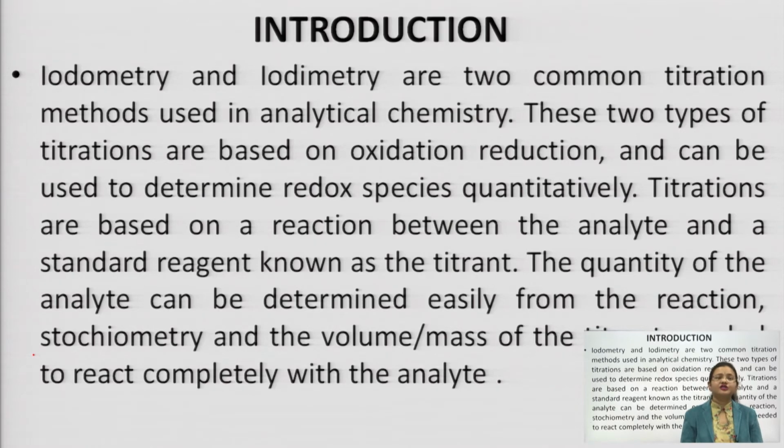So every reaction should be written in a stoichiometrically balanced form. Thus the quantity of the analyte can be determined very easily, and the volume and mass to react completely with the analyte will be determined very well.